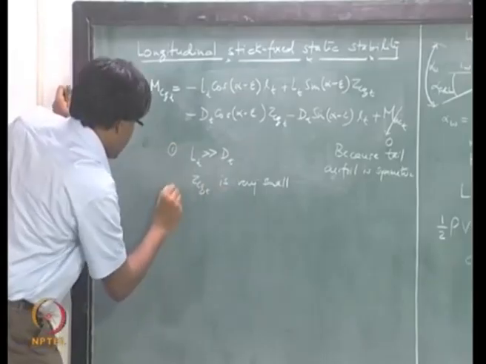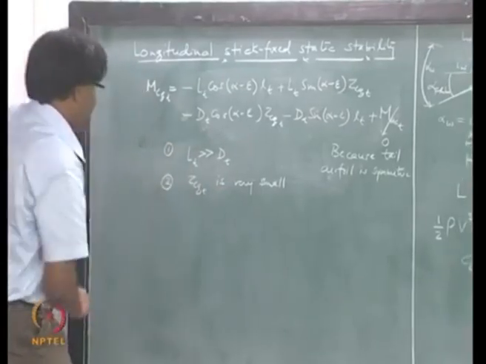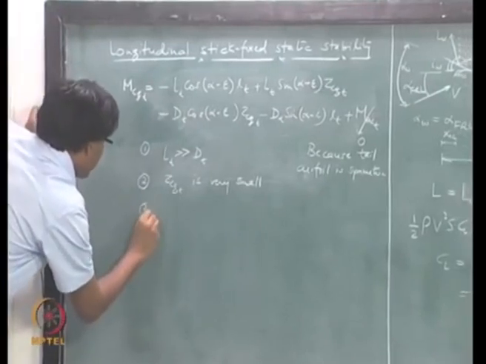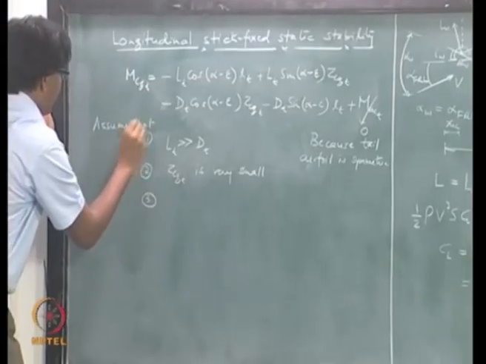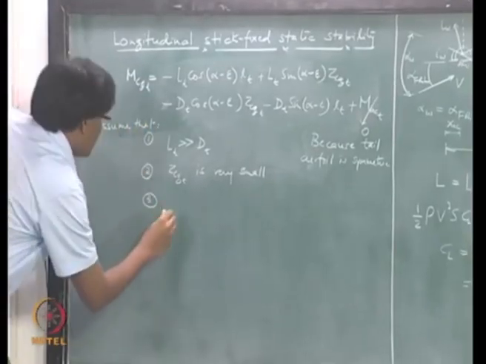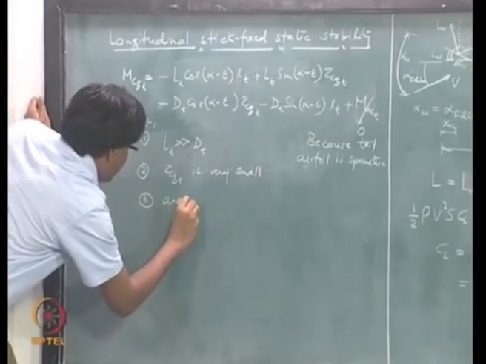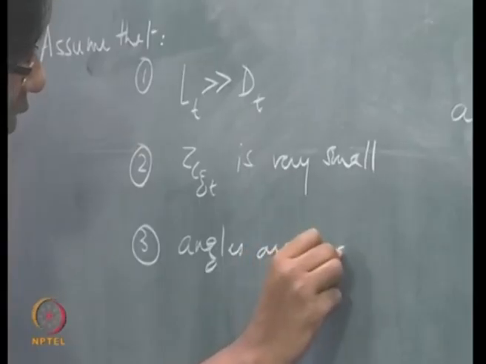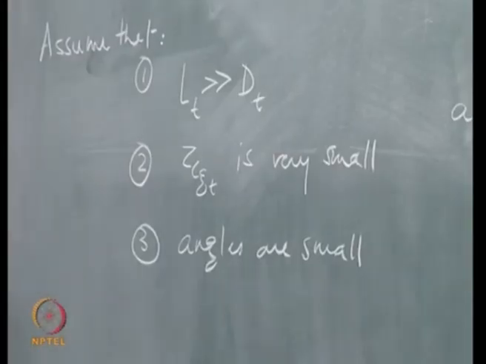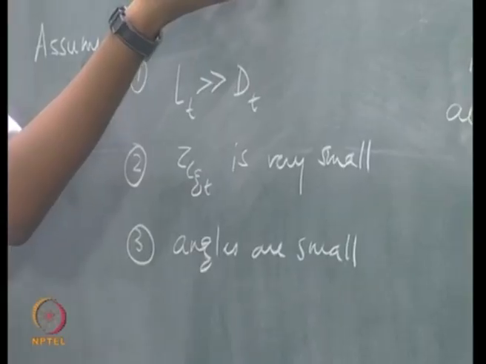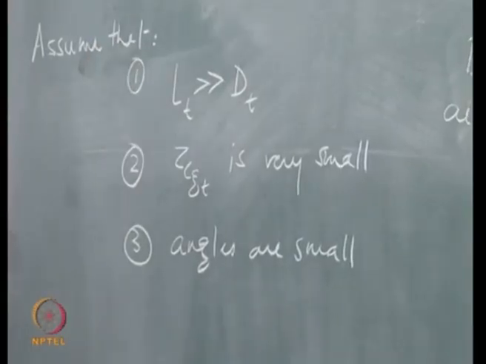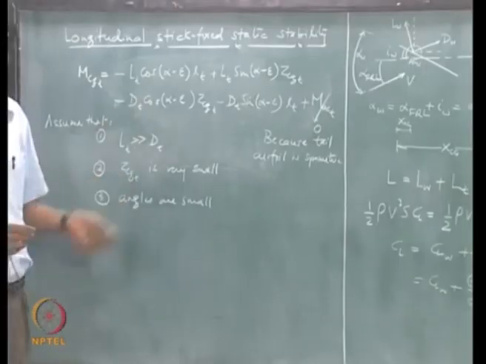So one assumption is this, the second is this, and the third one. So this cos of alpha minus epsilon is 1.